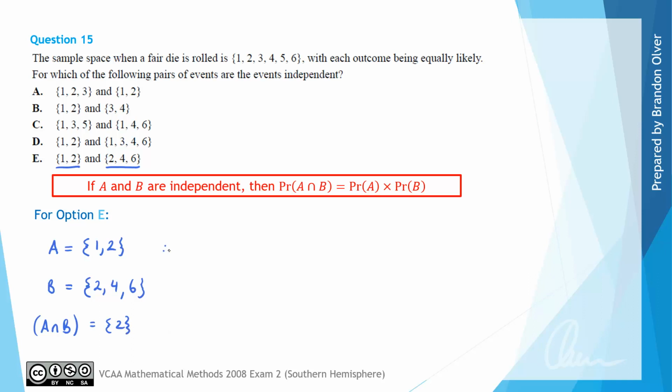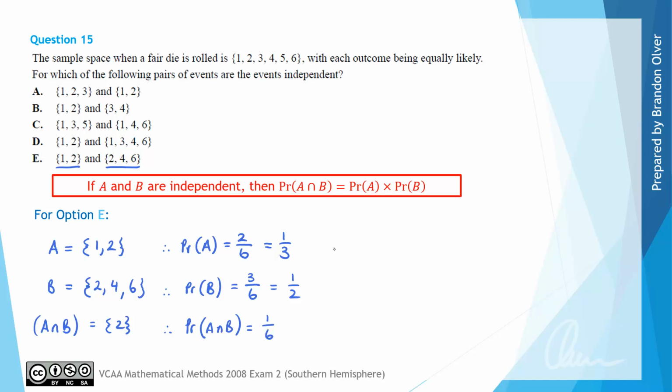So therefore, the probability of A is going to equal 2 out of 6, which simplifies to be a third. The probability of B is 3 outcomes out of 6, which simplifies to be a half. And the probability of A intersecting B is 1 event out of 6, which doesn't simplify.